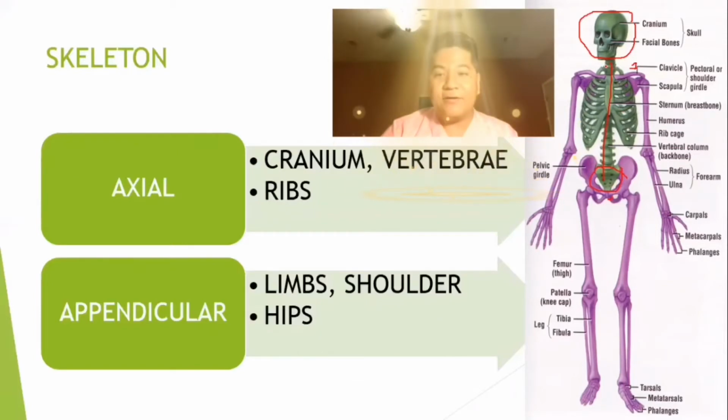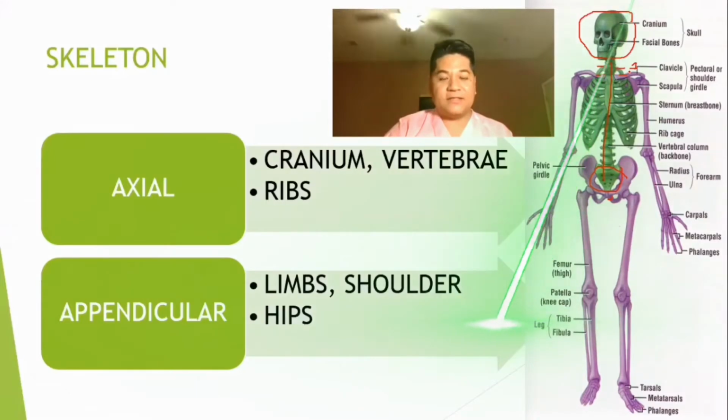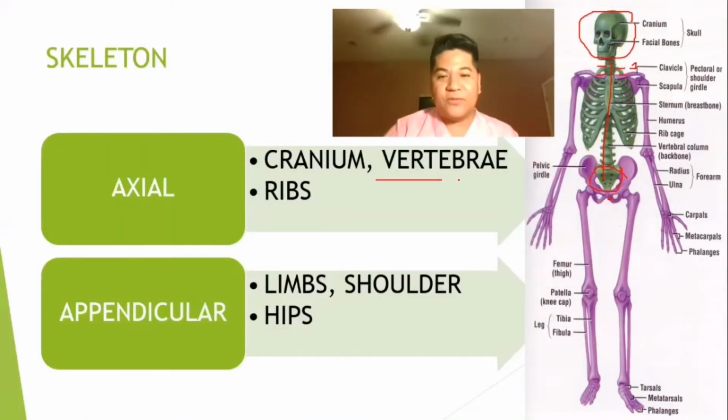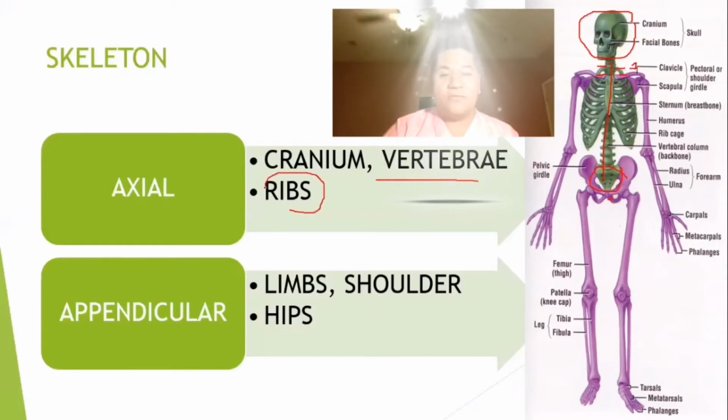It houses and protects the spinal nerves, wherein they exit. That's for the vertebrae. And we have the ribs, which are 12 pairs.